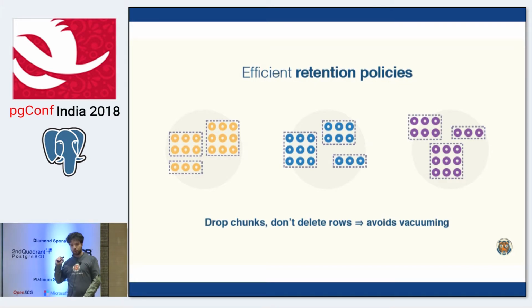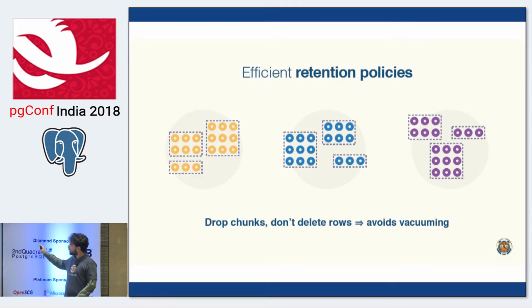Another benefit of chunking is that you could use it for retention policies. Often what you want to do is keep the latest month of data and drop data as it becomes older and older. Now, a natural way of doing this in Postgres is with a delete operation. But the delete operation is expensive and incurs a lot of vacuuming costs.